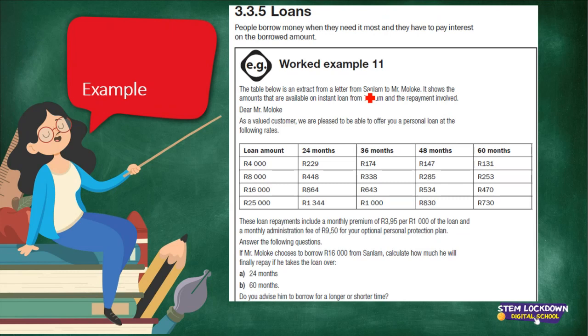There are instant loans and obviously repayments, how much you need to pay per month. And then Mr. Moleka, as a customer, is being offered a personal loan. So these are the amounts.